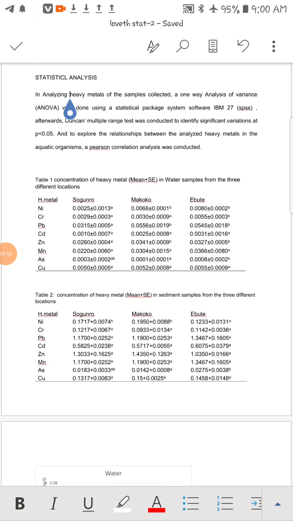The first part is that the analysis that was done was a one-way ANOVA.